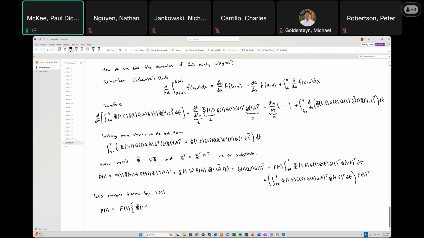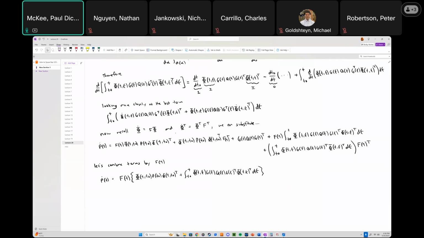So t naught to t, P of t naught, phi t naught to t transpose, plus the integral t naught to t, phi epsilon to t, G of epsilon, Q of epsilon, G of epsilon transpose, phi epsilon to t transpose d epsilon. So that is our f times some stuff term.